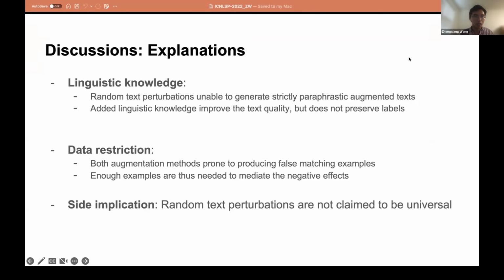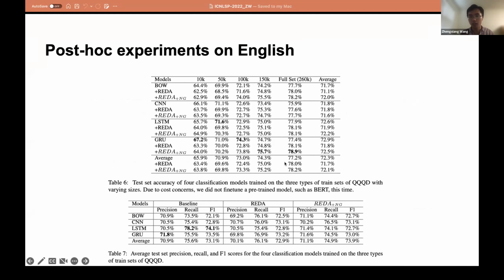And regarding the restriction on the data size, that means both augmentation methods are prone to producing false matching examples, and enough examples are needed in order for the models to mitigate the negative effects. So the side implication is that random text editing perturbations are not universal. They have limitations.